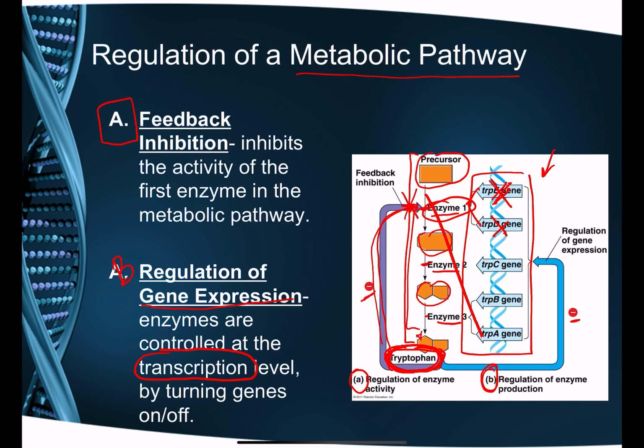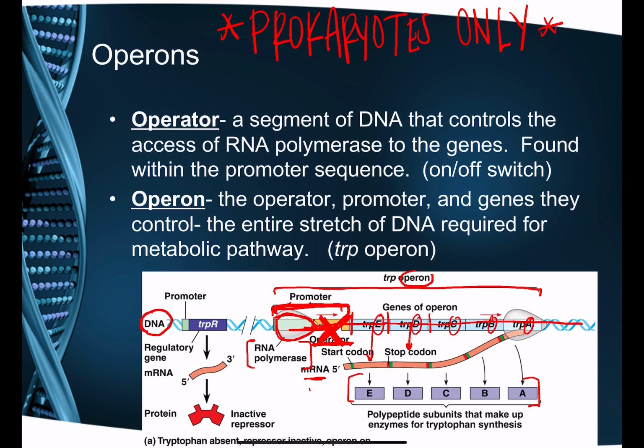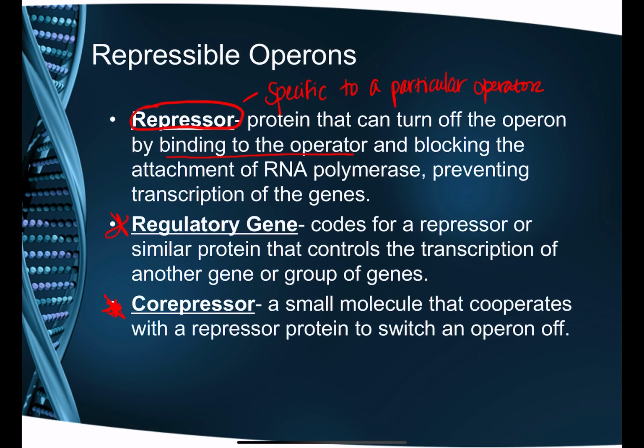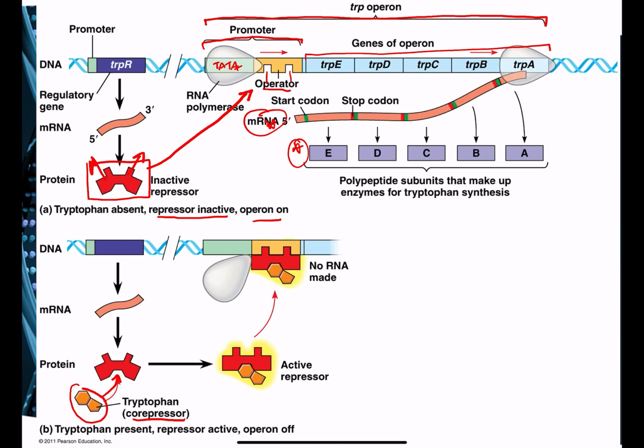As you have excess tryptophan start to build up in the cell, it's going to realize, hey, I'm wasting this energy making more tryptophan. There's plenty of tryptophan here. And so it's going to act as its own co-repressor for that process. And so that co-repressor is going to bind to the repressor, and you have a shape change, which activates it, okay? You see that shape change there?